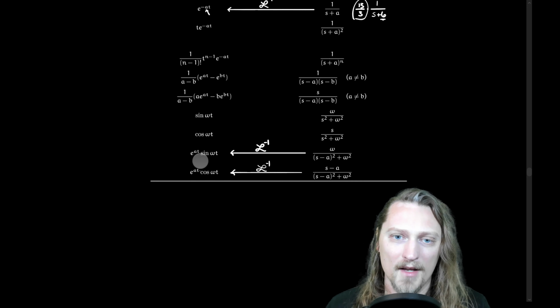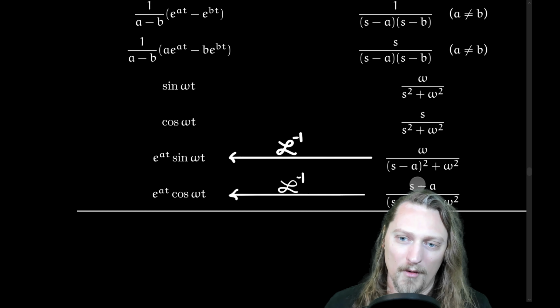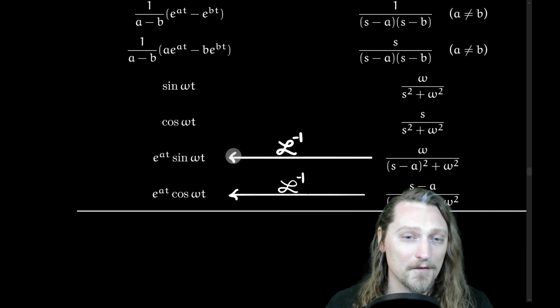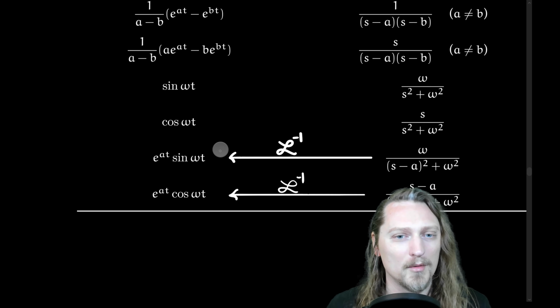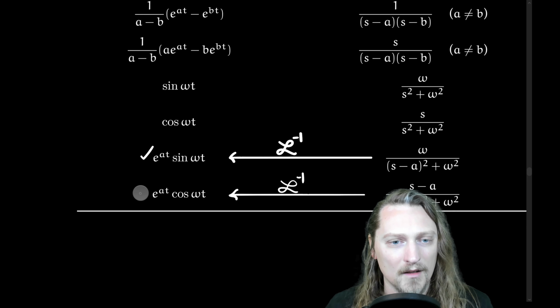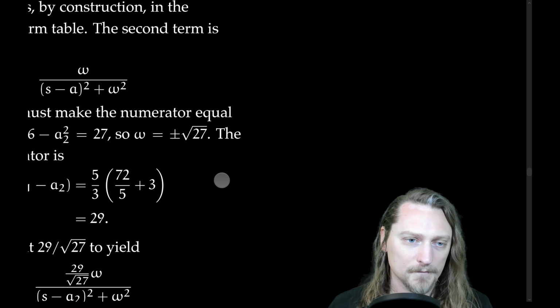And we are ready to take these inverse transforms, which is to say we're ready to just march from left to right across this table. We have this situation, we have this situation, so we're just going to march those from right to left across the Laplace transform table, and that will give us these two terms in our solution. So let's do that.